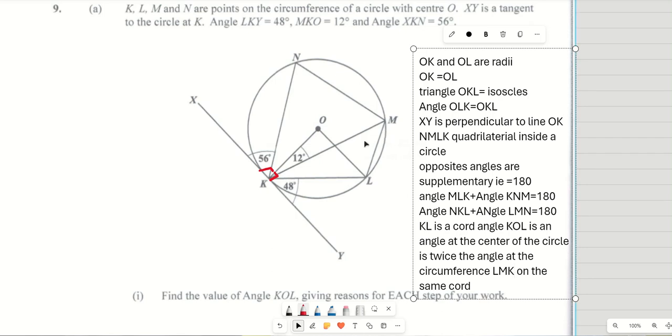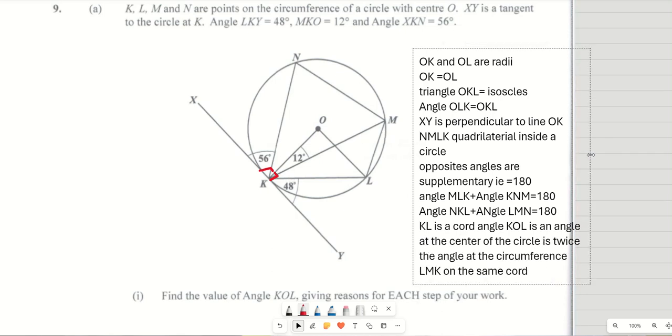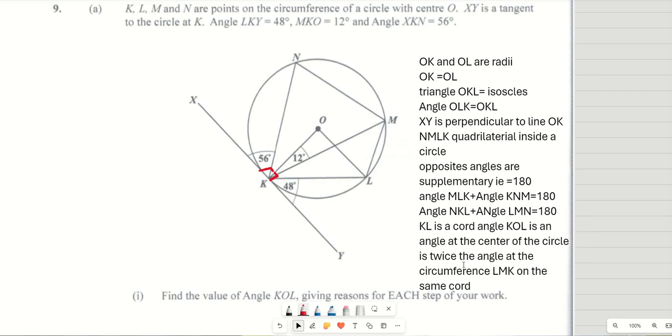LMK, that's this angle right here. So these are the rules that we are seeing in this entire thing. Now we are going into the question knowing all these things. We can use some or all of them, but we will see there are no surprises in finding different angles.